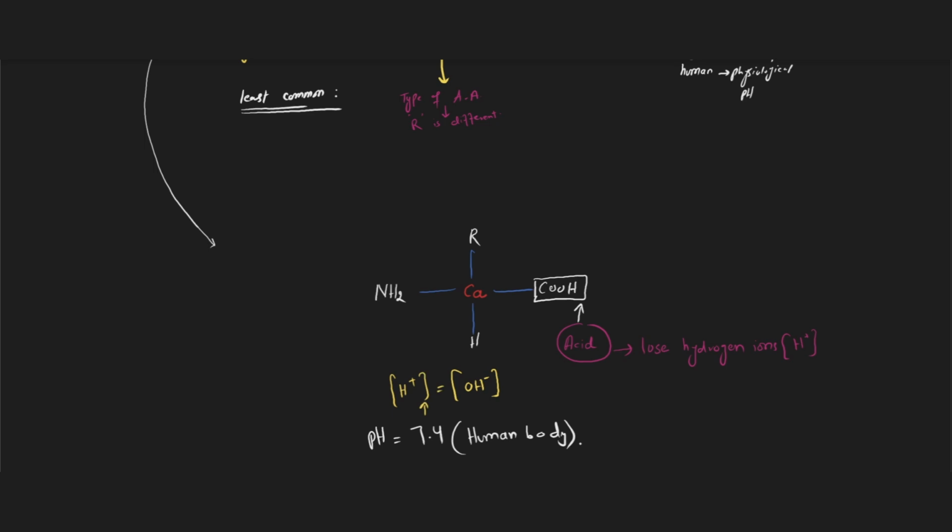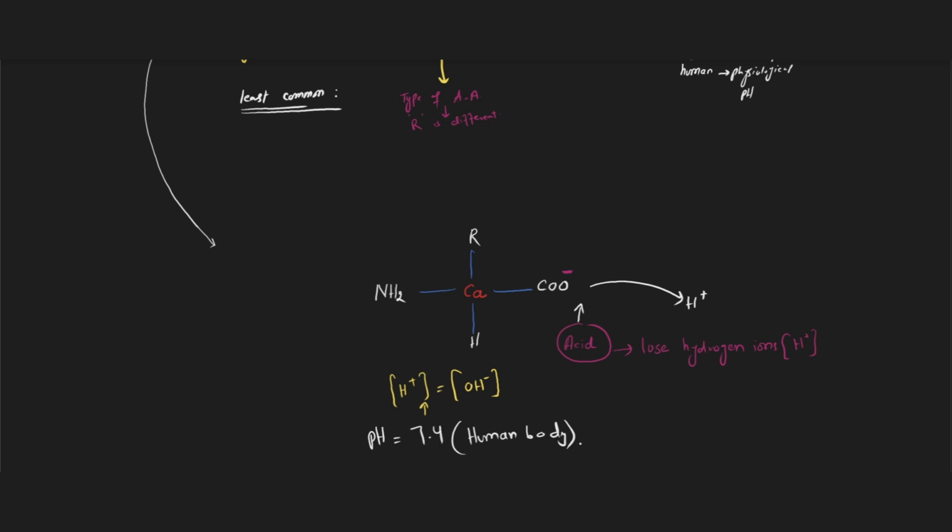So there will be the loss of hydrogen ions from this carboxylic group, and when this hydrogen ion is lost, meaning one proton has been lost, it doesn't exist in this stage. Rather, the carboxylic acid will exist as C double bond O, with one extra negative charge on it.